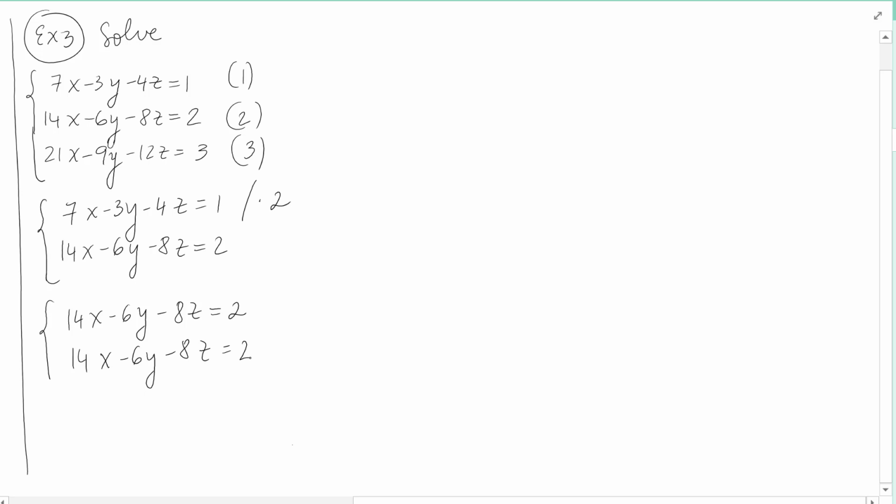Well, I wanted to eliminate x, so it seems like I was supposed to multiply by -2, right? So -14x plus 6y plus 8z equals -2. So now when we add them, we get 0 on one side equals 0 on the other side, which is true, right? It's different than the second problem where we got something false.